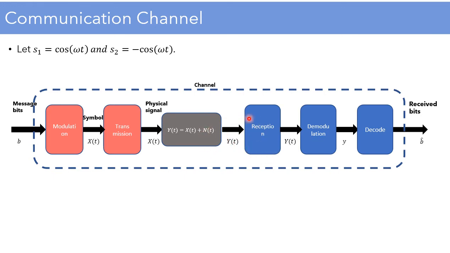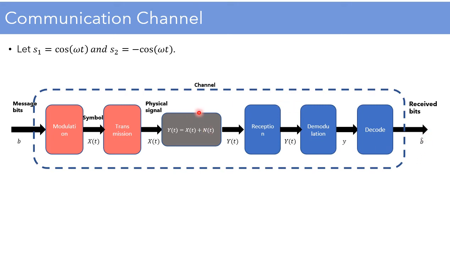The antenna receives this signal as an electrical signal which is a noisy version of cos omega t or minus cos omega t. At the demodulator, you sample the signal and look at its value at the end of the first time period. Then depending on whether it is close to 1 or minus 1, you make a decoding and estimate the value of the bit b.